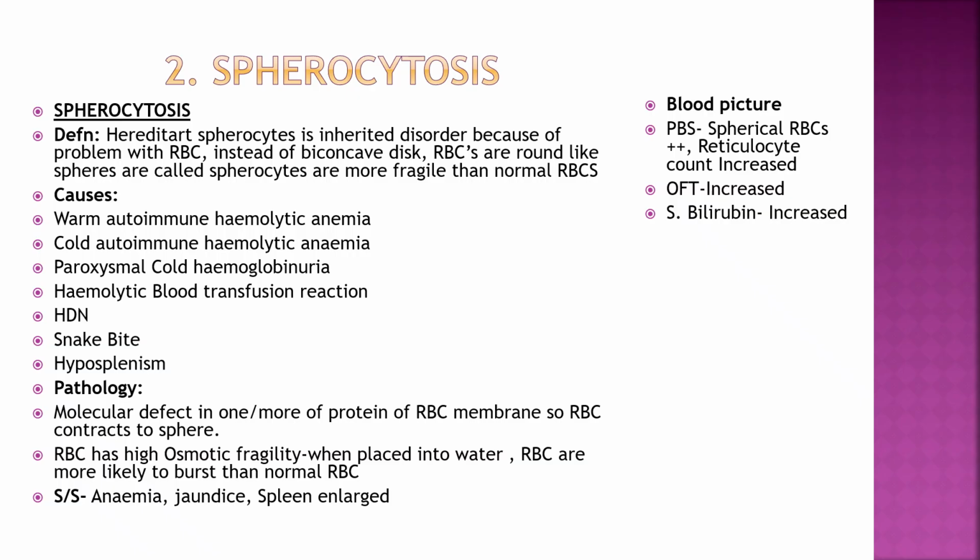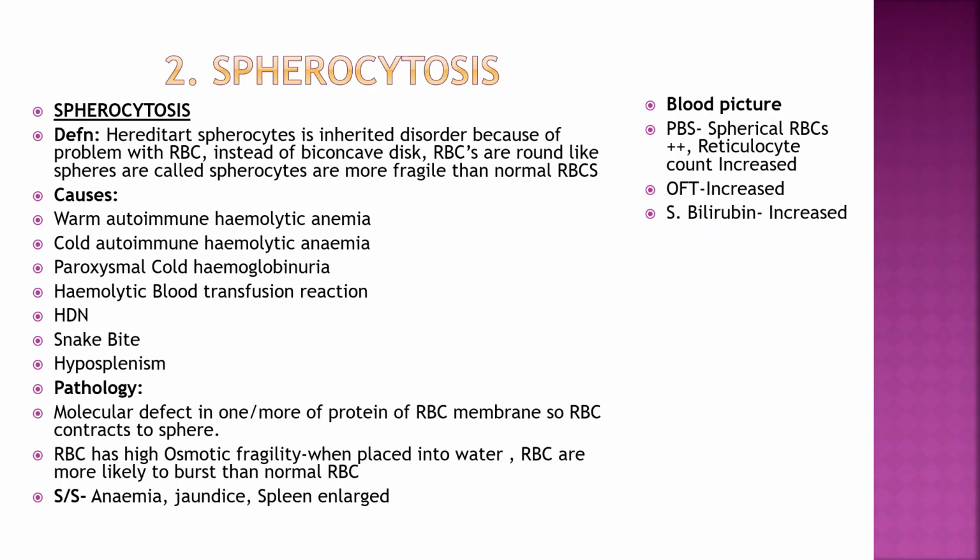Pathology: molecular defect in one or more proteins of the RBC membrane, so the RBC contracts to a sphere. RBC has high osmotic fragility when placed into water. RBCs are more likely to burst than normal RBCs.